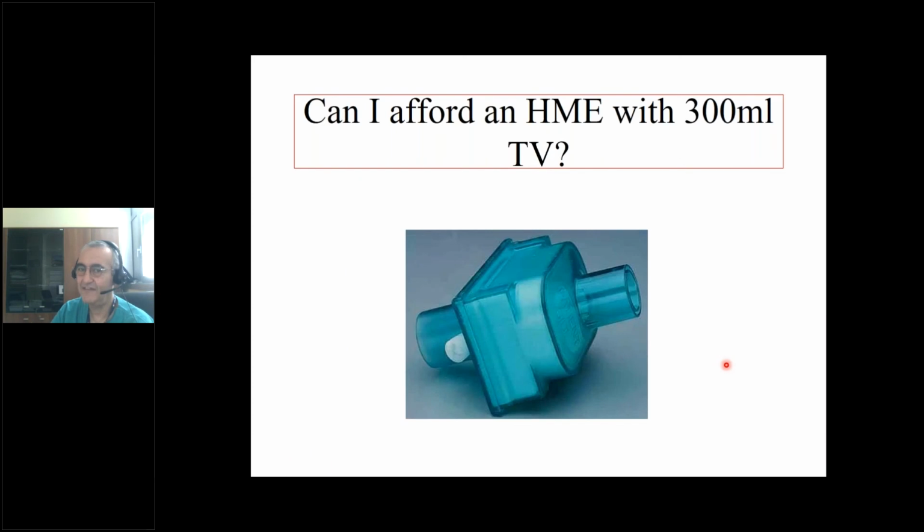Can I afford, as a humidifying system, an HME filter in a patient with a 300 ml tidal volume target? The answer is no. So we should try to promote active humidification instead of passive humidification in order to facilitate lung protective ventilatory strategy.